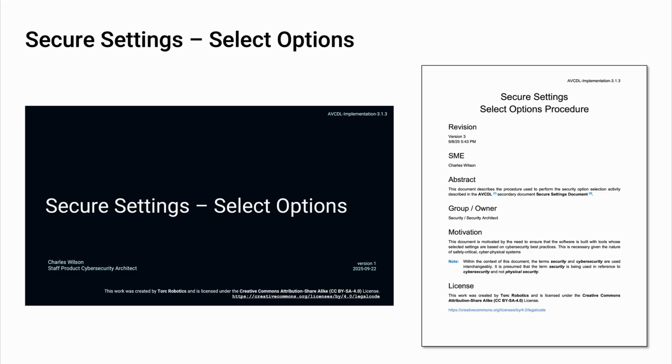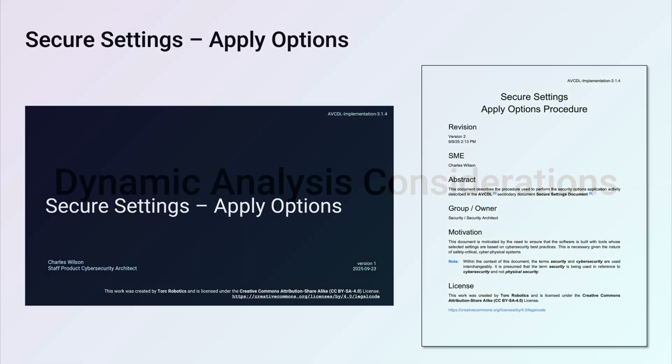It continues extending the example from the previous training and addresses how options are selected for application to a specific element of the system by the cybersecurity and development SMEs. Finally, the Secure Settings Apply Options training goes along with the Secure Settings Apply Options procedure. The focus here is on the DevOps SME tasked with taking the options selected for application to a particular element and making the adjustments to the build system to integrate those options.